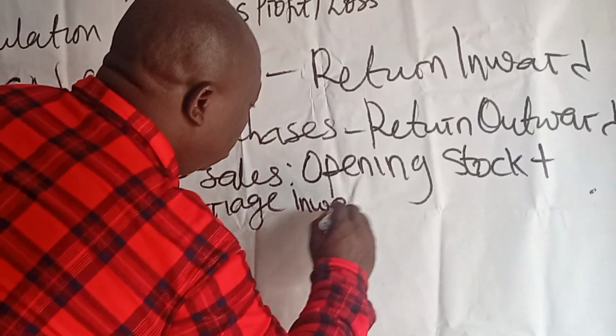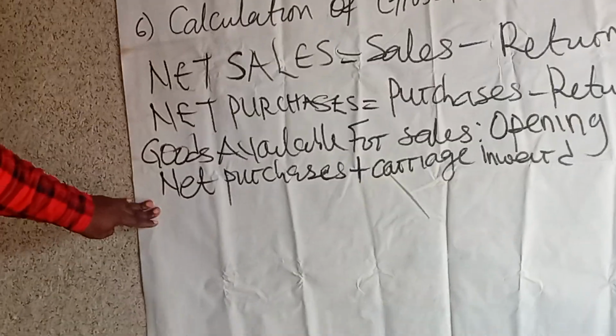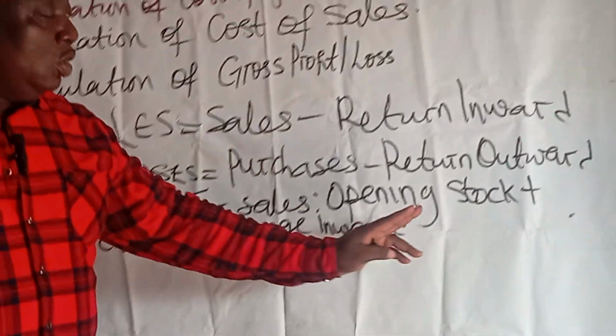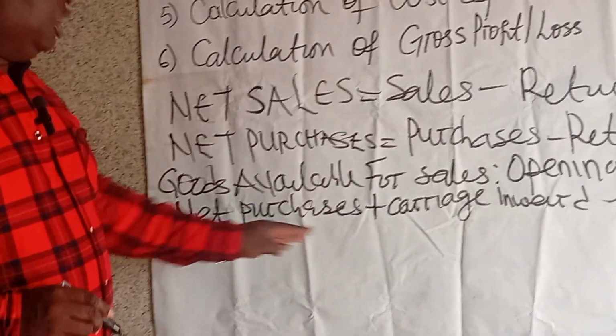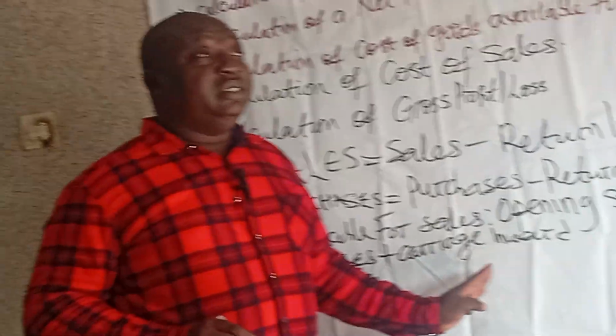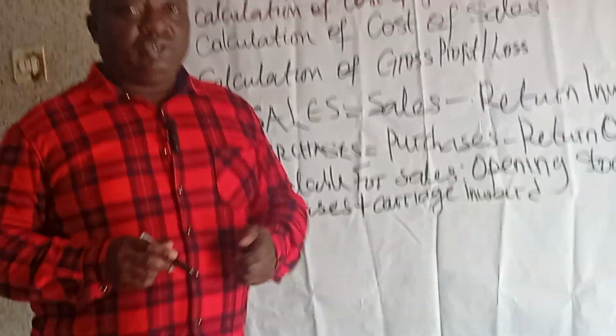So to calculate goods available for sale is opening stock plus purchases or net purchases, then plus carriage inward, if in the question you have carriage inward.